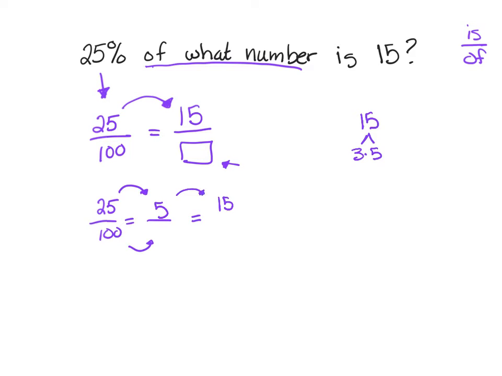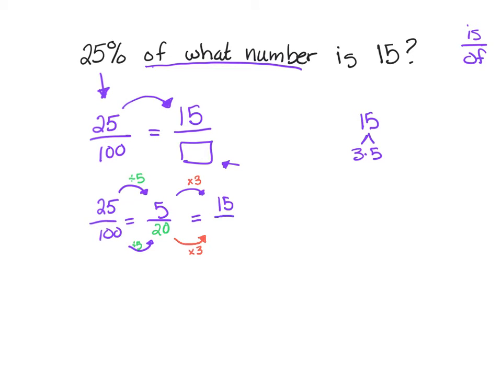So how do I get from 25 to 5? I have to divide by 5. So 25 divided by 5 is 5. And then I would have to do the same thing on the bottom. So 100 divided by 5 is 20. Now, how do I get from 5 to 15? Well, I would multiply times 3. So if I multiply times 3 on the top, then I multiply times 3 on the bottom.